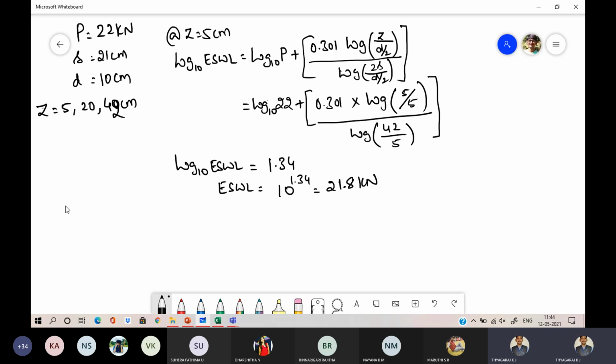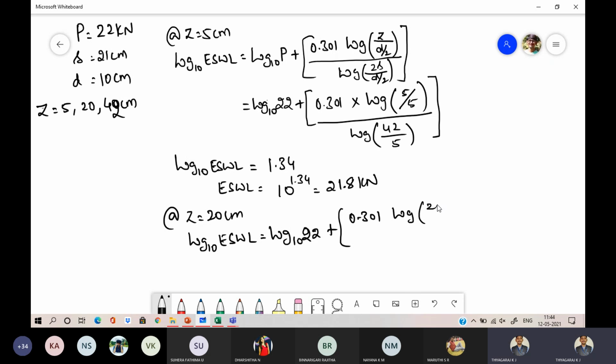Now by the graph I will show only one thing, that is we will solve. Okay, I will not skip. 20 centimeter, then log 10 ESWL, that is log 10 22 plus 0.301 log of Z which is 20 divided by D by 2 which is 5, divided by log of 42 divided by 5. 2S will be constant.